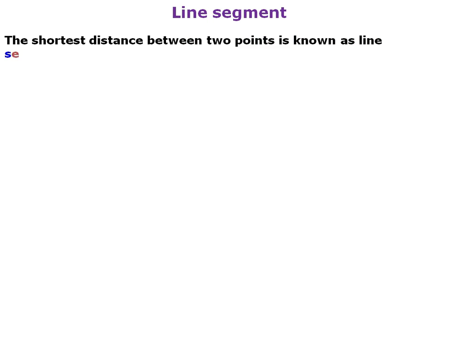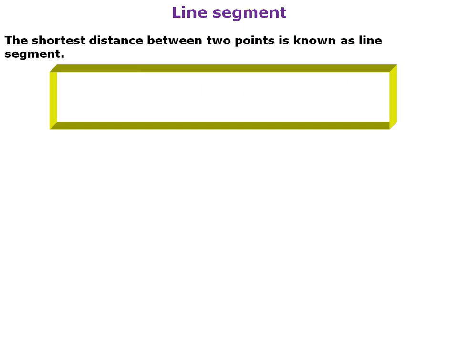Now our next term is line segment. What is the line segment? Shortest distance between 2 points is known as the line segment. You see here, A is a point and B is another point. So what is the distance between A and B? It depends upon the path you take.